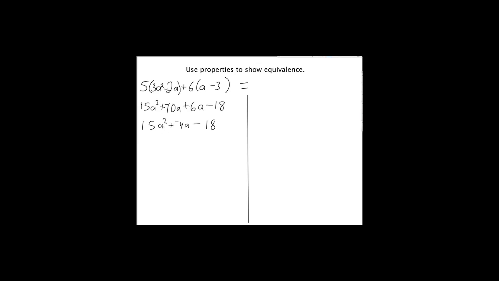So let's see what happens with the other expression. We'll get this one out of the way for a second. Bring our other expression back. And we'll use the distributive property on this one. 2 times a is 2a, minus 2 times 9 is 18.